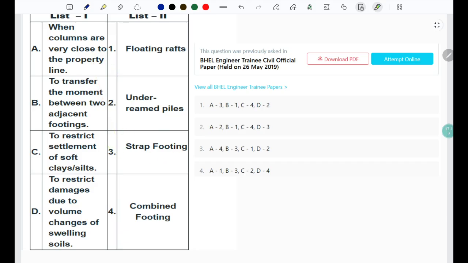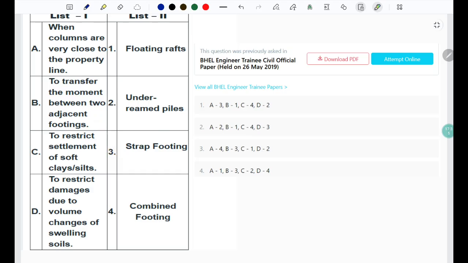But since strap footing in itself is a subtype of combined footing, it has given the answer as combined footing. Let's just see. To transfer the moment between two adjacent footings is also one of the criteria.